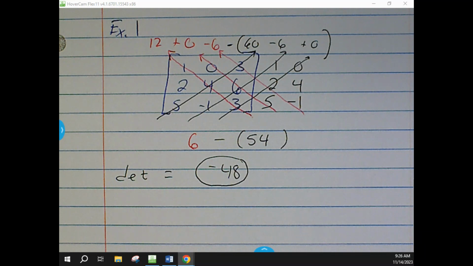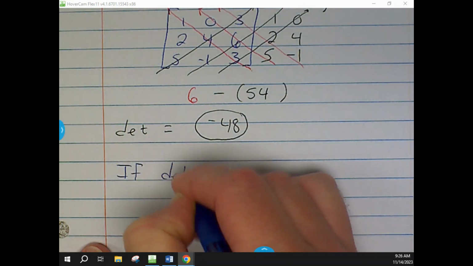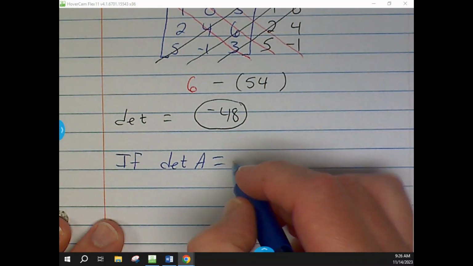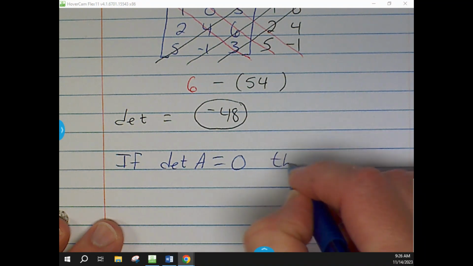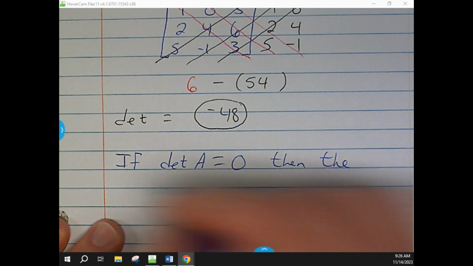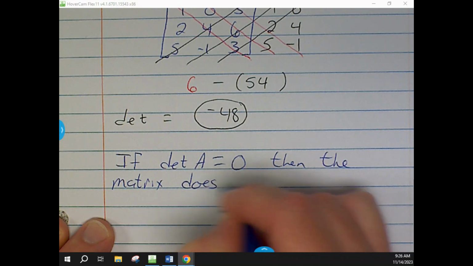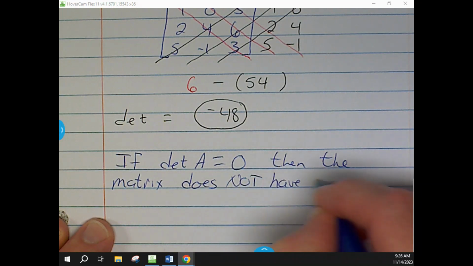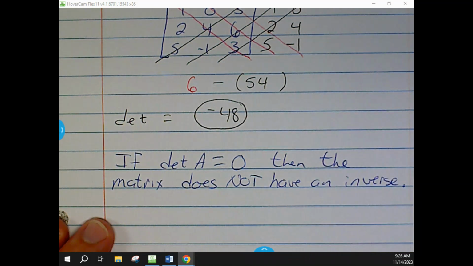Okay, now here's what that means. Here's what we're looking for. Whatever matrix you're doing, if you do the determinant of that matrix and it equals 0, then the matrix does not have an inverse.